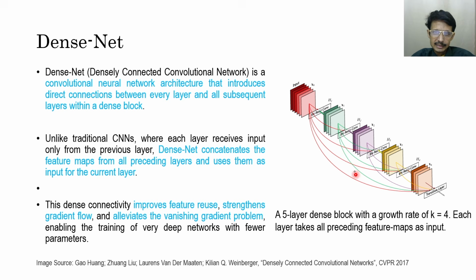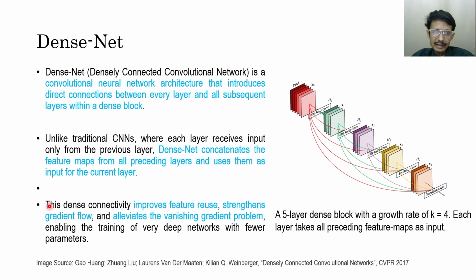It also strengthens the gradient flow and alleviates the vanishing gradient problem, enabling the training of very deep networks with fewer parameters. So the major improvements are, first, improved feature reuse, since it is very densely connected.